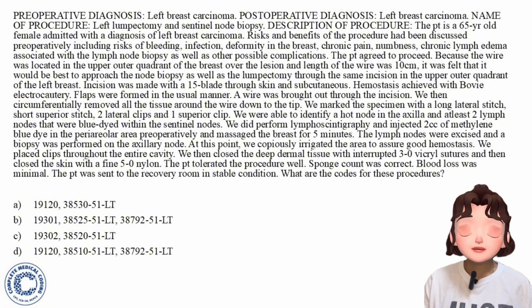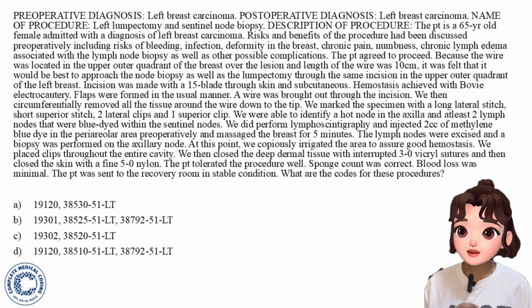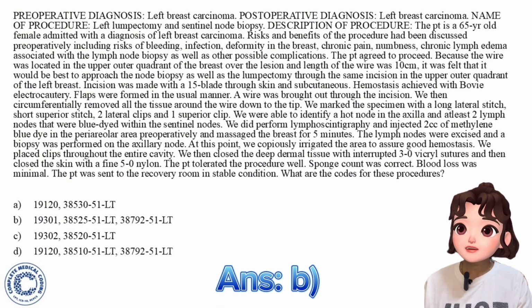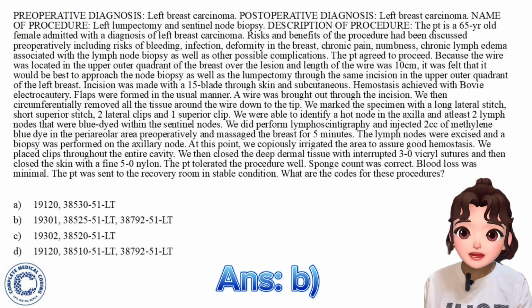Anyway, if you have confusion, that's why I mentioned you have to find out the code step by step so that you can eliminate the other options. So here, as I had mentioned, you got the answer as option B, 19301 for coding lumpectomy.